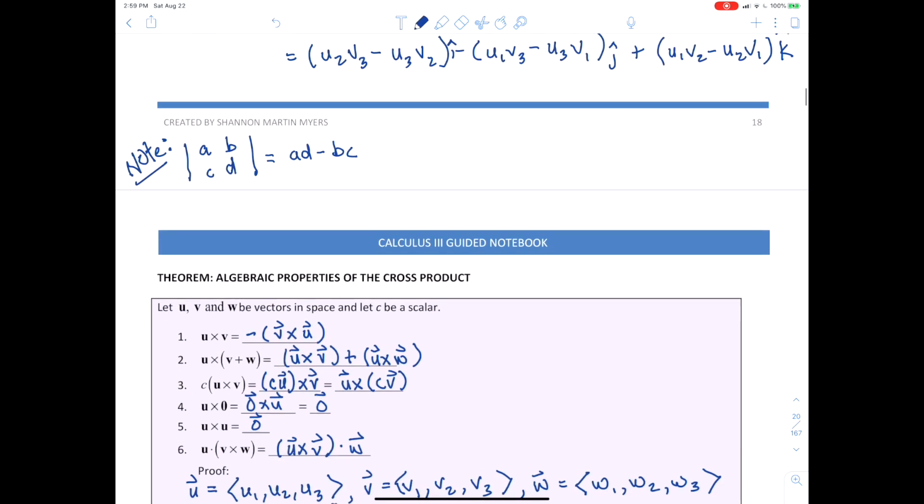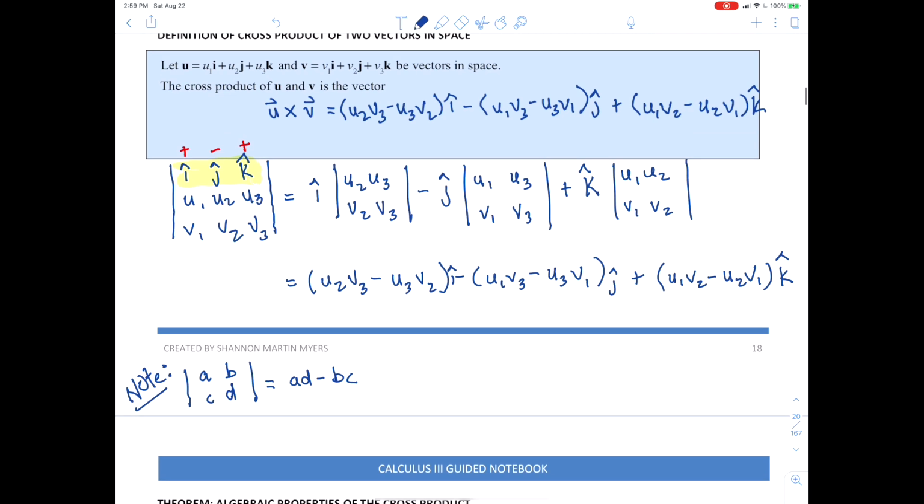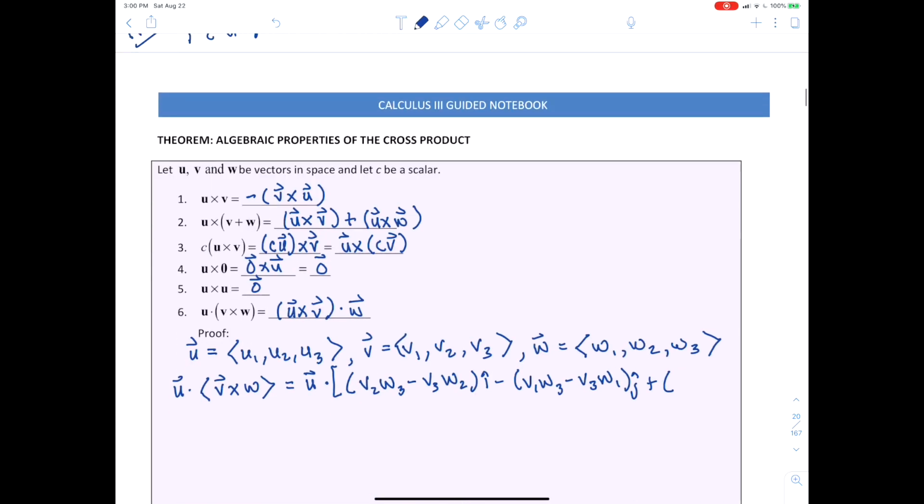All right, so here we go. We'll have V2 W3 minus V3 W2, and that's going to be times I, minus, and then your second one will be V1 W3 minus V3 W1, and that'll be times J, and then plus V1 W2 minus V2 W1, and that's times K. Cool so far?